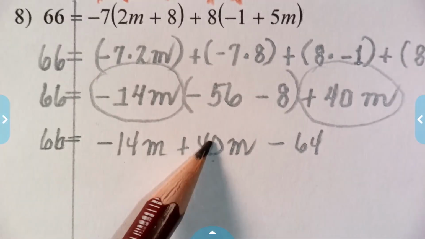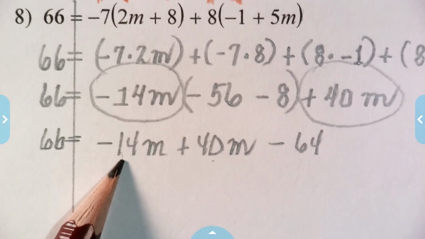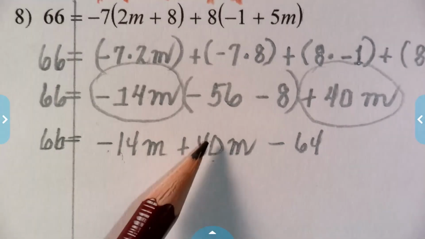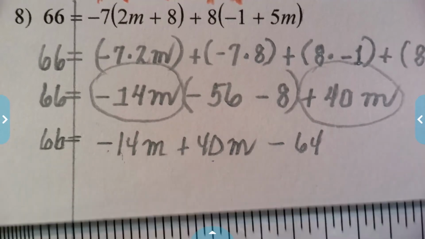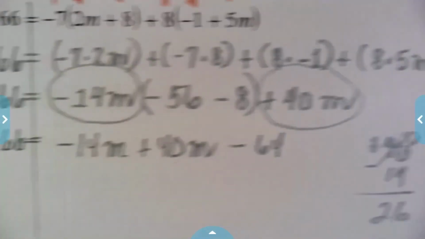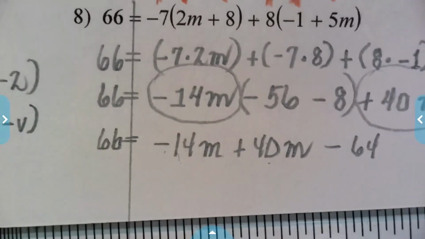Think about it this way. 40 minus 10 would be 30. So 40 minus 14 would be like 26, right? But if you aren't sure, you can do 40 minus 14, and you can show yourself that this can be 26.